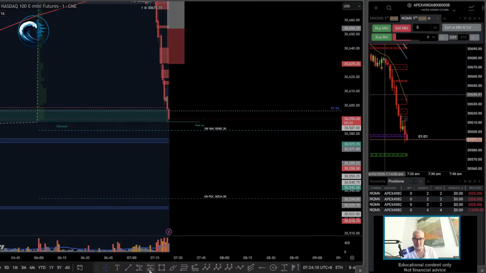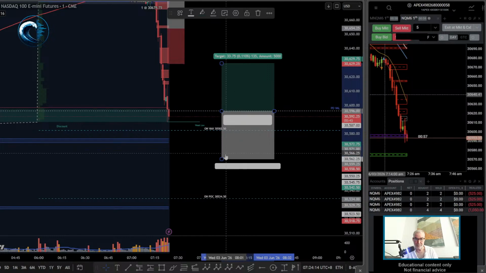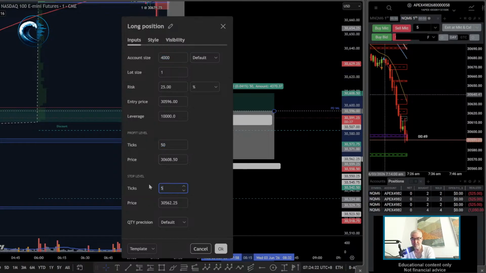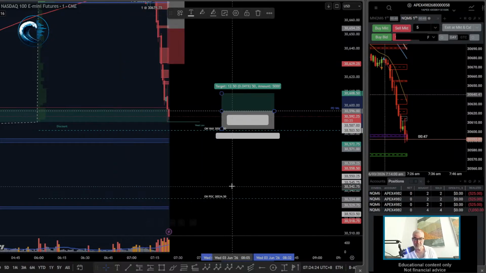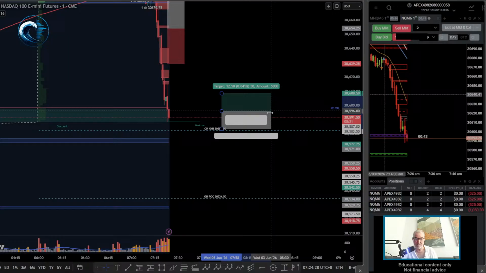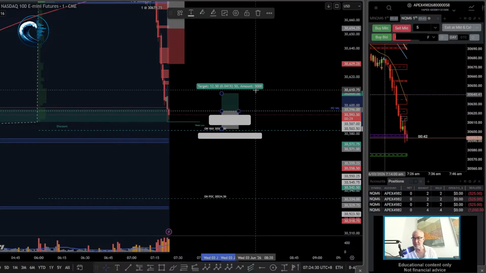If I can get in the right spot, this is against trend, obviously, but I still like a bit of a bounce. Gee, it just wants to keep going down.